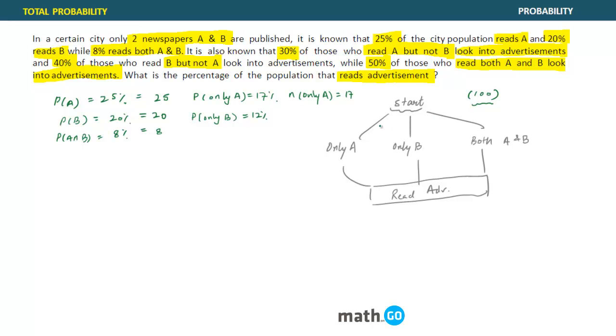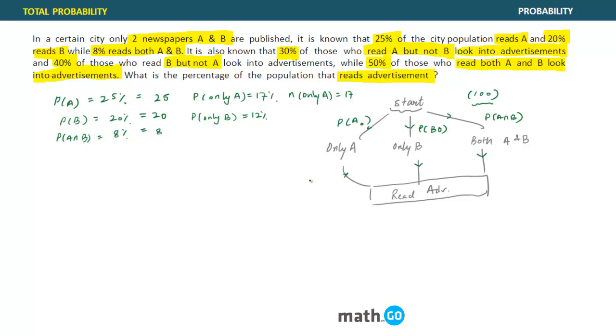So if you are going by this channel, let's say this path. We told you that you always have to select the paths. So these are the paths. Probability only A, AO, let's write this. Probability BO means B only, right? And probability A intersection B. Now you have calculated all these three.